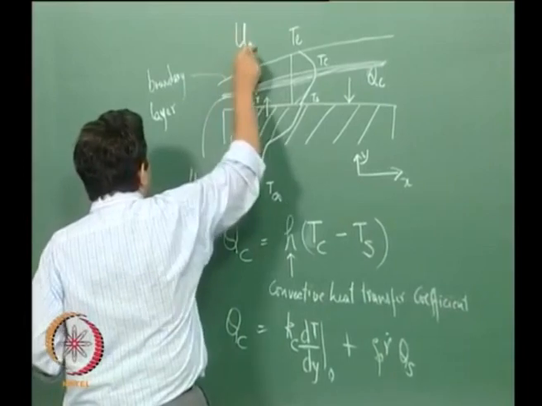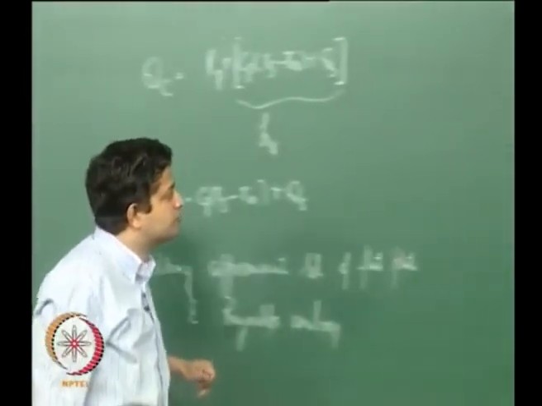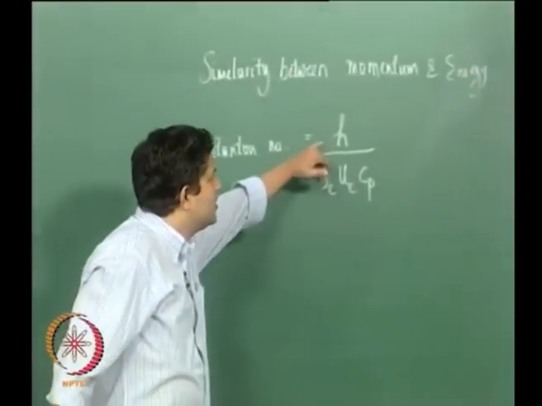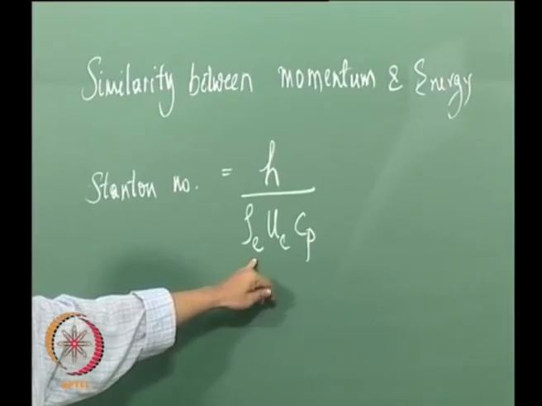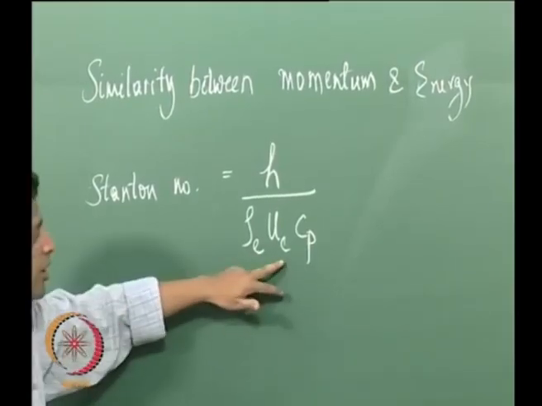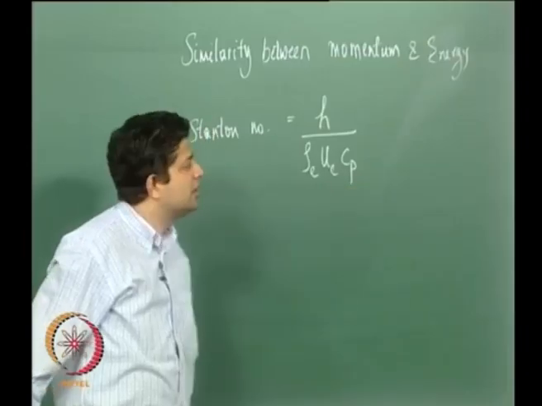UE is nothing but the velocity here. H is the heat transfer coefficient, rho E is the density beyond the boundary layer, UE is the velocity beyond the boundary layer, and Cp is the specific heat.